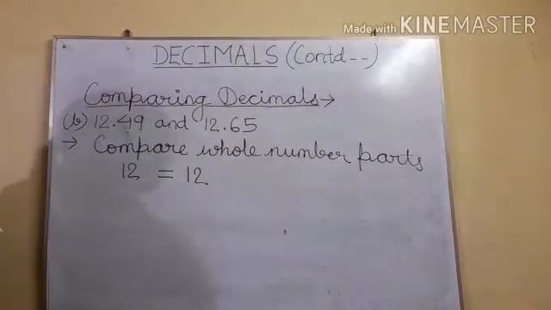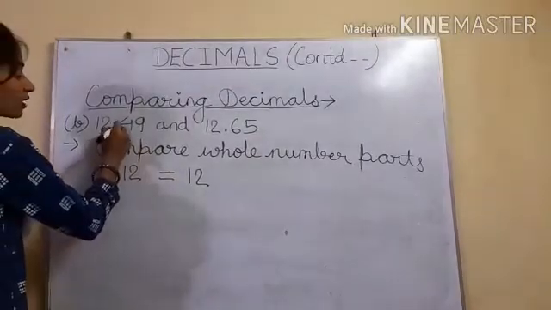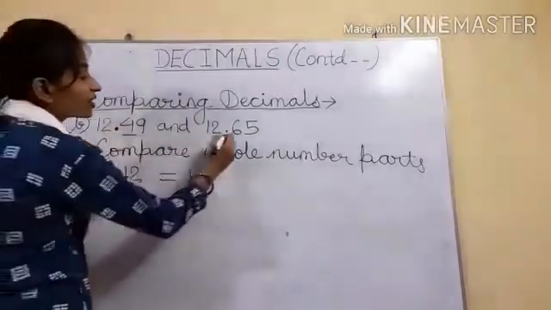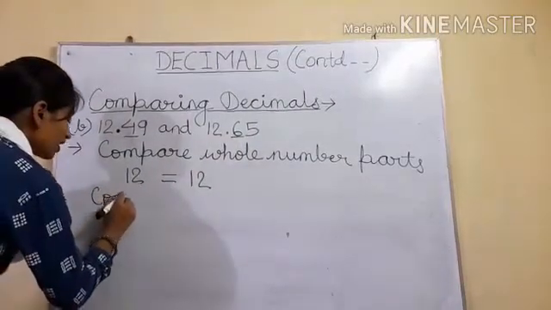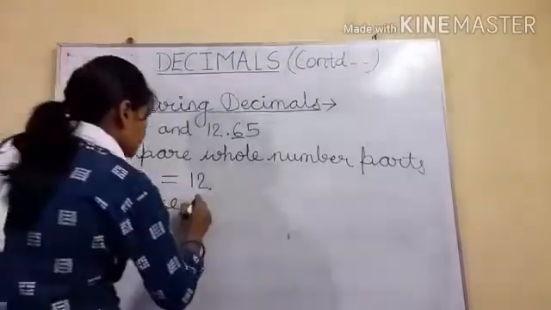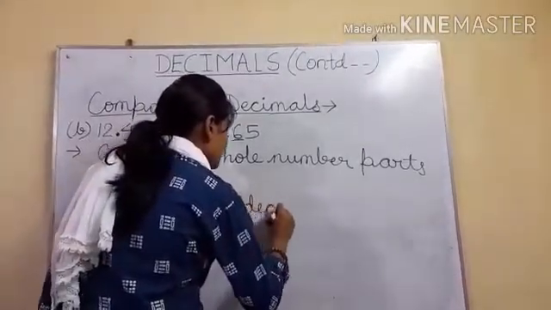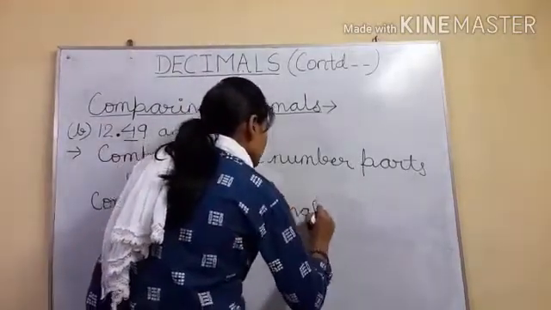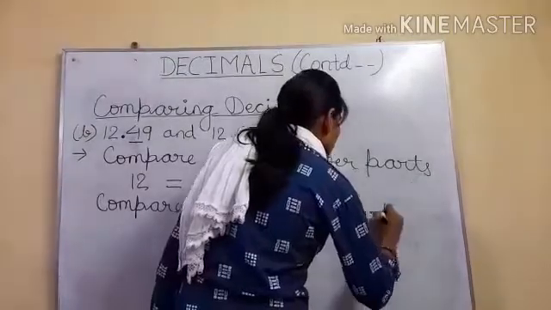So what will we do? Now we will check the decimal part one by one. First we will check only the tenth digit. Compare the decimal part.